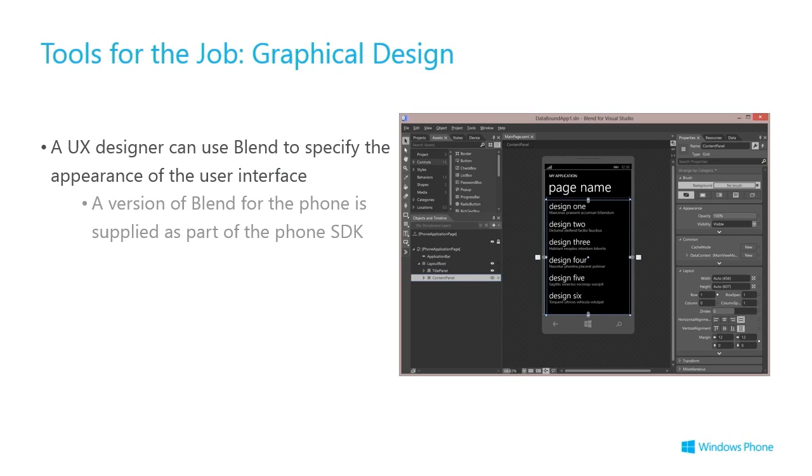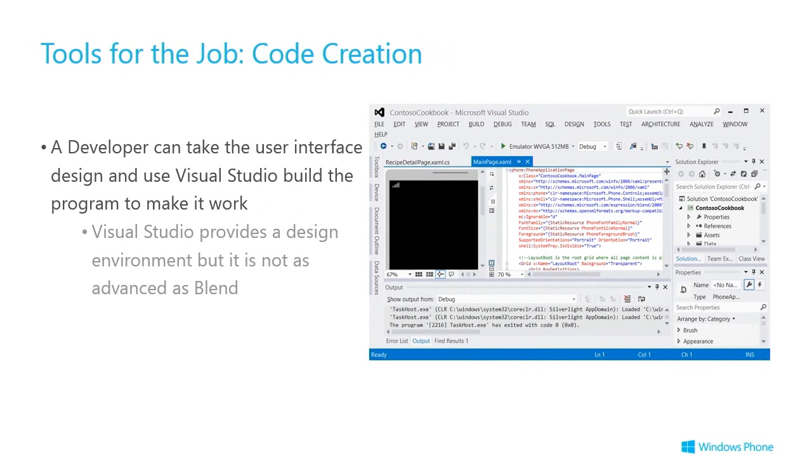But the key thing is that not only that, we've got Visual Studio. And this is working on exactly the same code files, the same project files, but this is the one where the whole UI is more focused towards the needs of the code developer. There is a lot of design stuff in Visual Studio, and in fact what you'll find with Windows Phone 8 compared to what we had before, a lot of the stuff that you had to switch to Blend for is now incorporated into Visual Studio.